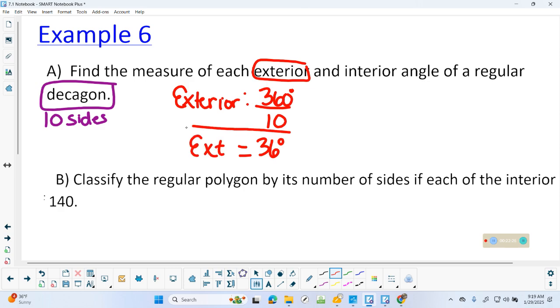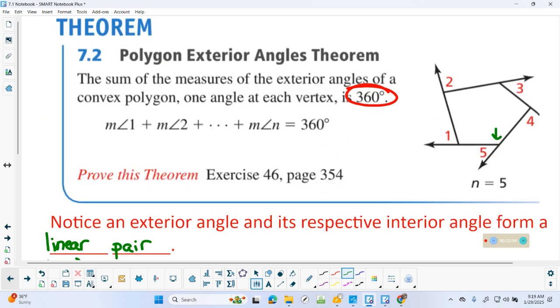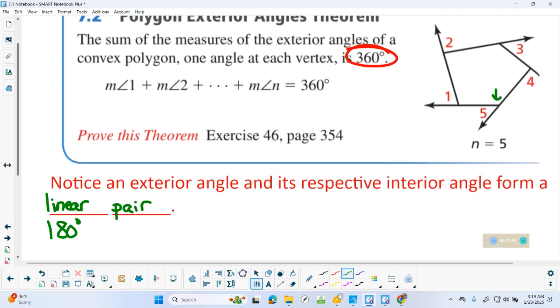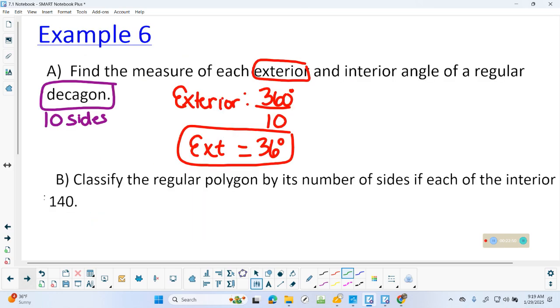I'm just going to label. Now, I'm going to use some old school, easy knowledge. This is why I added this onto your lovely notes. We haven't used this yet. Notice, each exterior and interior make a linear pair. Bam. If I want the interior one, now I know those should make 180. Linear pair postulate, throwback there.